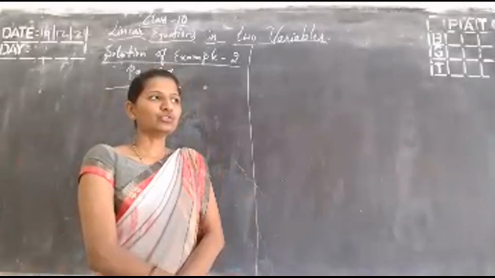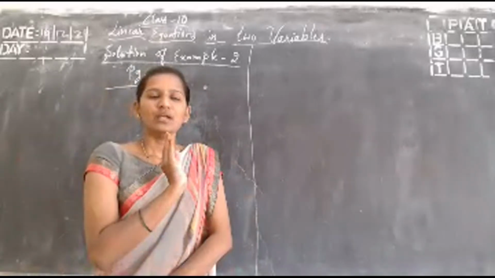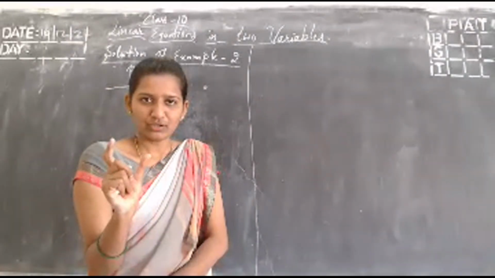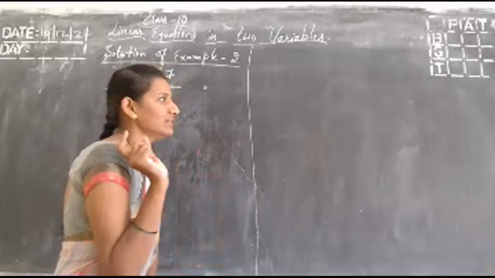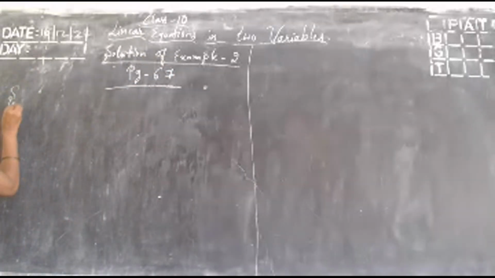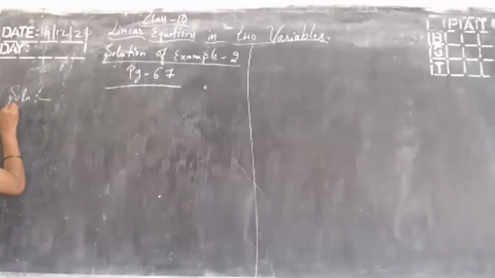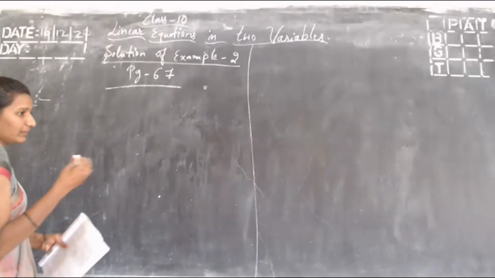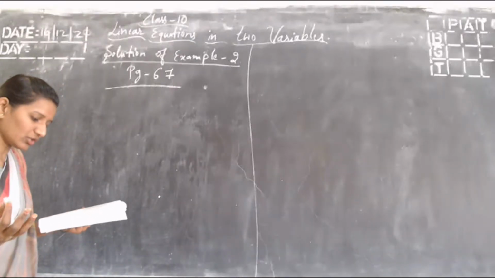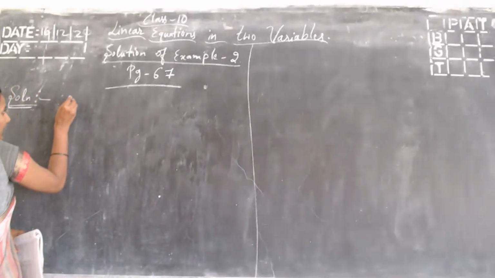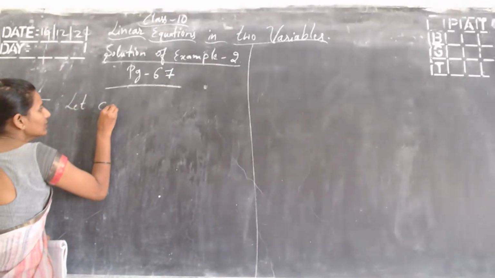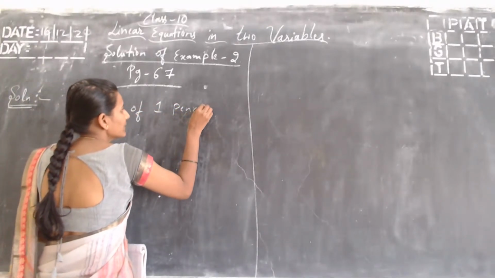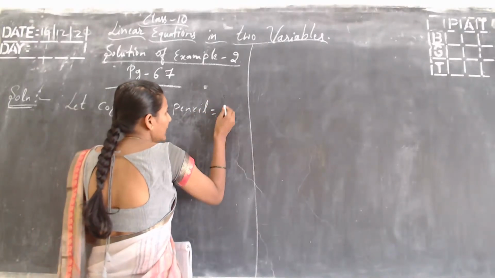So initially, we have to read the question carefully and write the given. See here, write the solution. Because we don't know the cost of the pencil, let the cost of one pencil be x rupees.